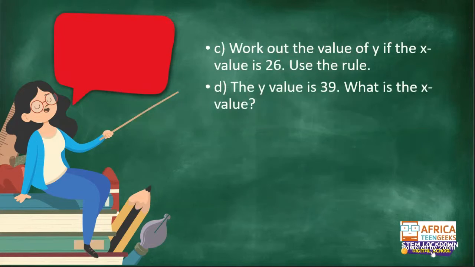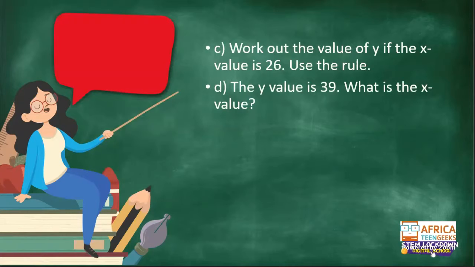Now, can we carry on to the next one, where we wanted to work out the value of y if the x value is 26. So you are now going to use the same rule to find the value of y if x is 26. Remember that we have established the rule. So the rule can be written in the form of x and y.